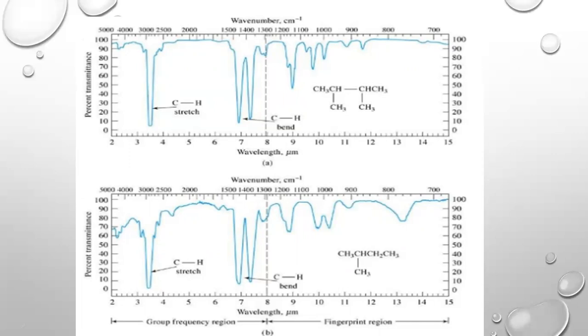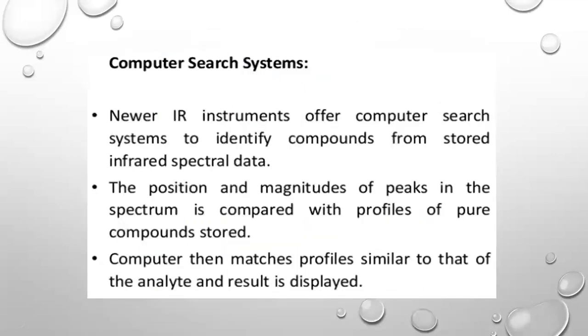But since in the first molecule the skeleton is different, one CH3 group is extra, here you can see the fingerprint region of both spectra is not similar, whereas the functional group region is similar. So on the basis of the fingerprint region, we can identify whether spectra are of similar compounds or different compounds. Second is the computer search system.